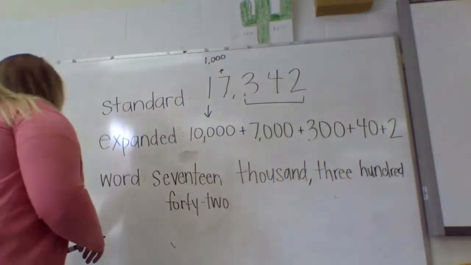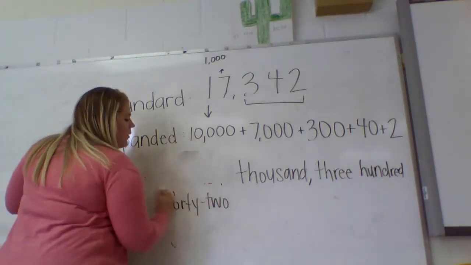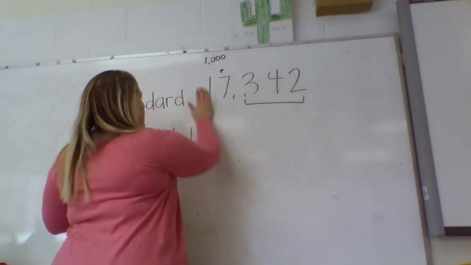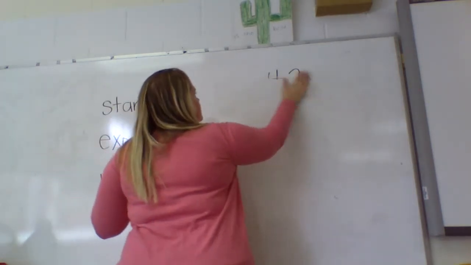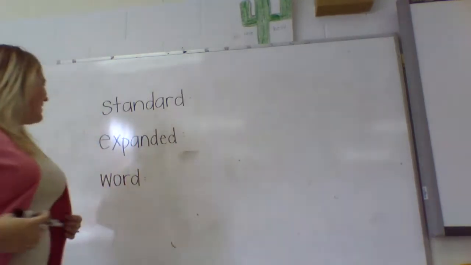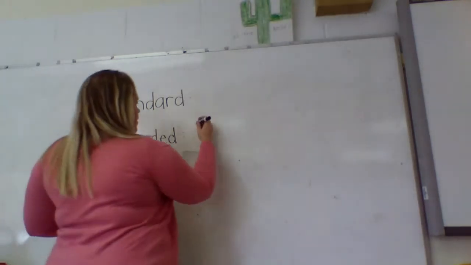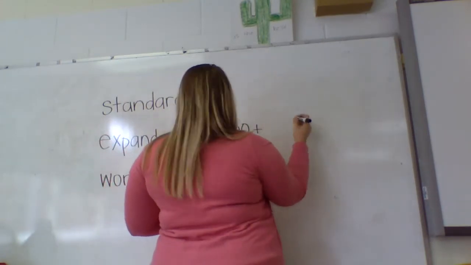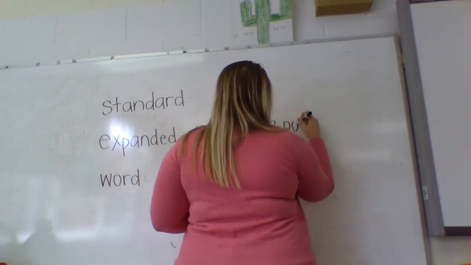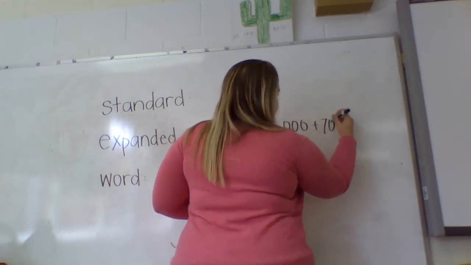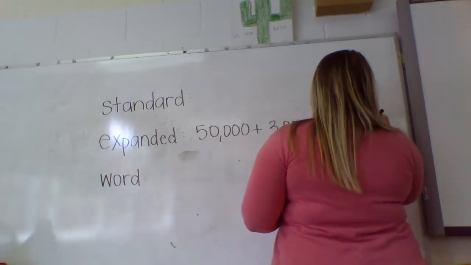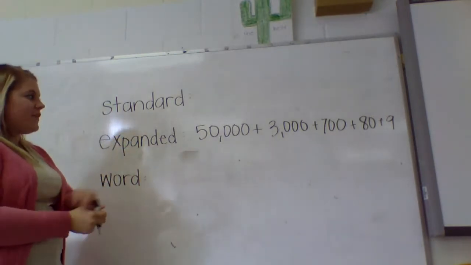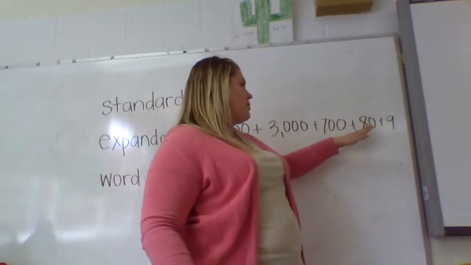So if we will do an example, maybe it won't give it to you in standard form. Maybe it gives you the number in expanded form. 50,000 plus 3,000 plus 700 plus 80 plus 9.